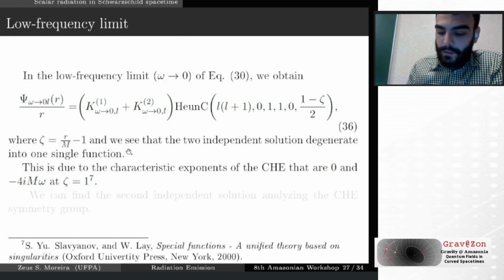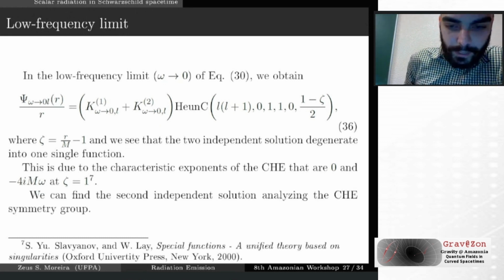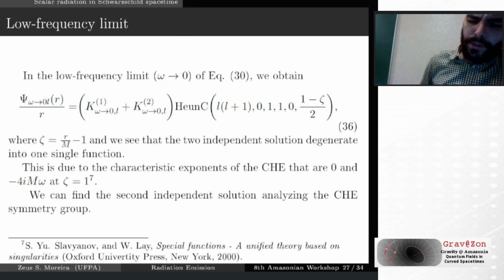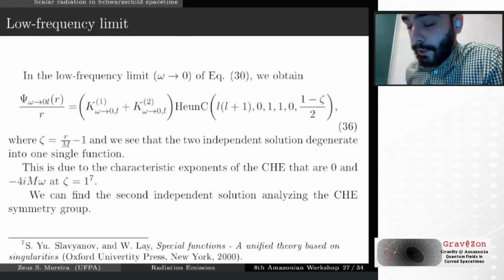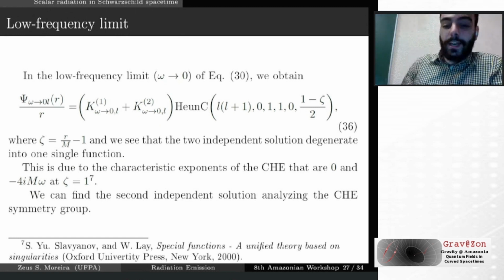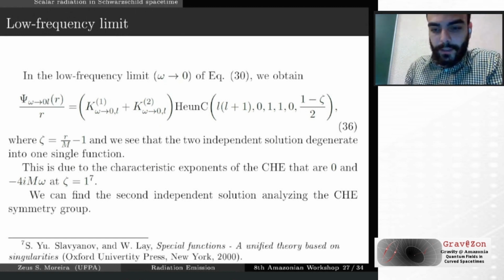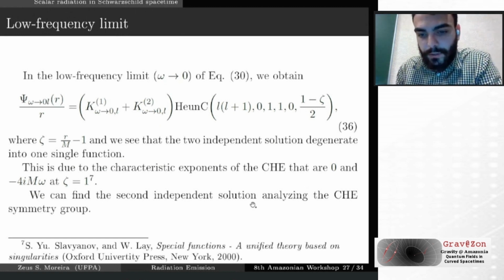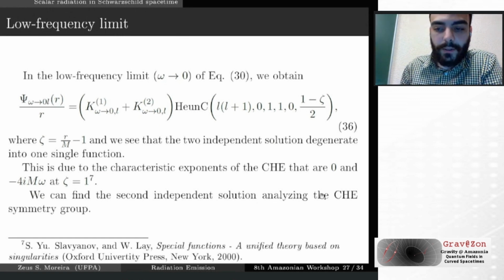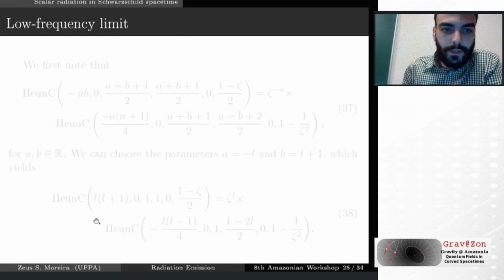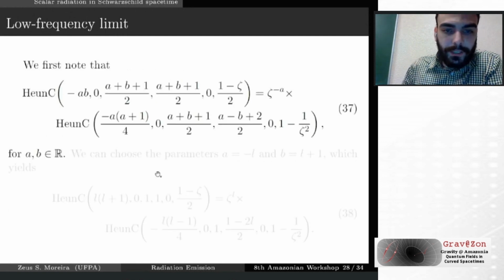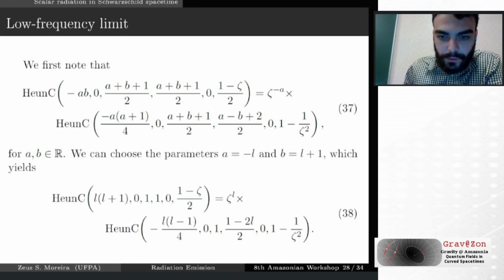But you can find a second independent solution that is usually called logarithmic solution. And there are several ways to do that. And here we choose to find the solution by analyzing the confluent Heun equation symmetry group. In order to do that, we first consider this identity that is true for A and B reals, and we can choose A and B to fit our problem.